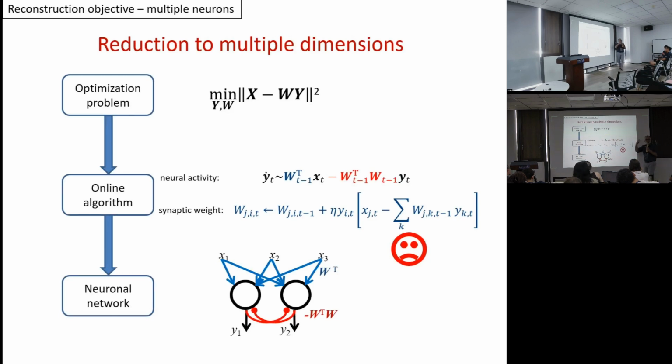If there was just one general global factor, I think that would be okay, that would be biologically plausible. But here you can see that this W weight depends on the sum, which has an index J in it. So it's specific for each synapse, and for each synapse you have to recompute a different sum.